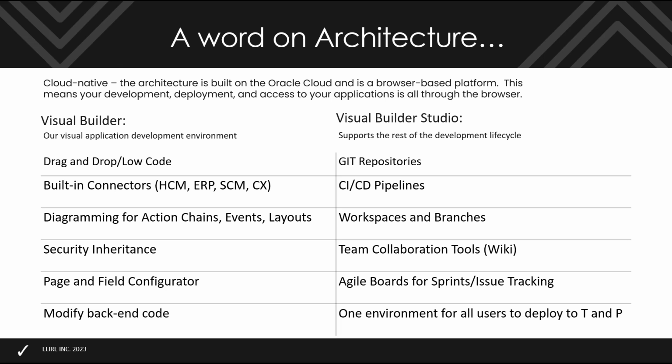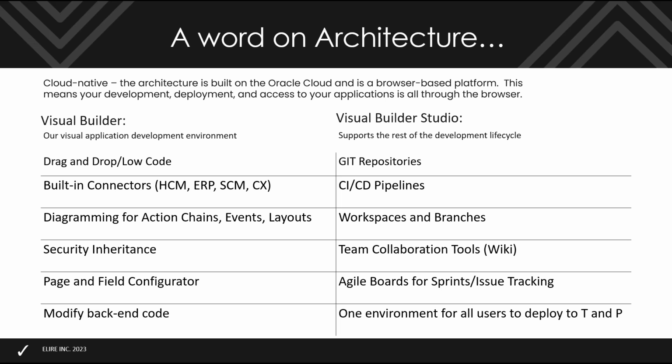Then there's the Visual Builder Studio piece, and that addresses the remaining aspects of the development process. So within the Visual Builder Studio is where we have the Git repositories, issue tracking, code review instruments, and the integrated build system for continuous and expedited creation and deployment of your applications.